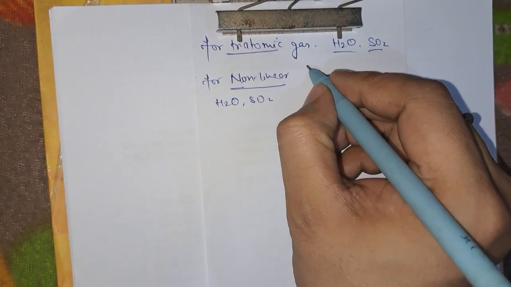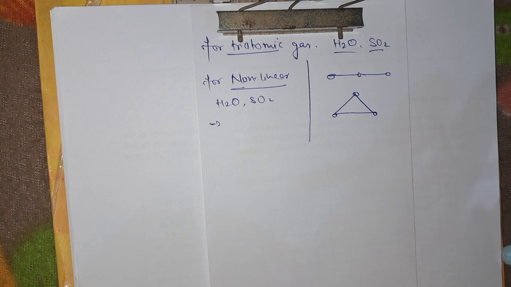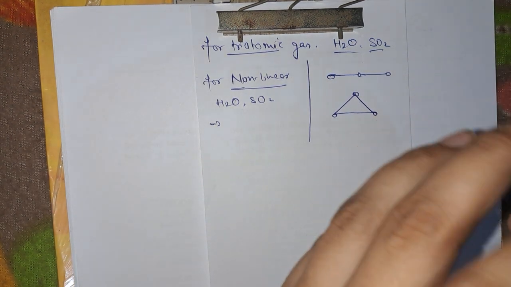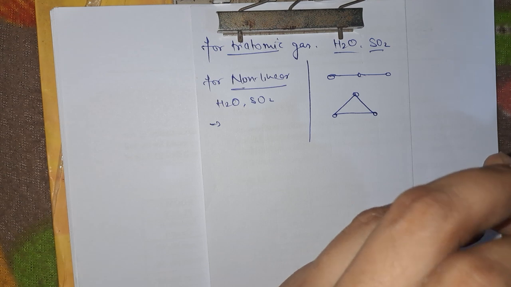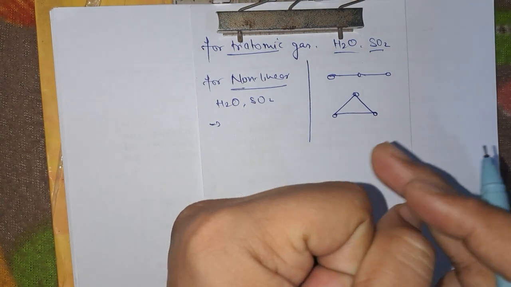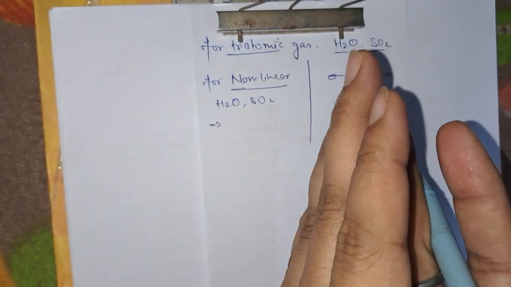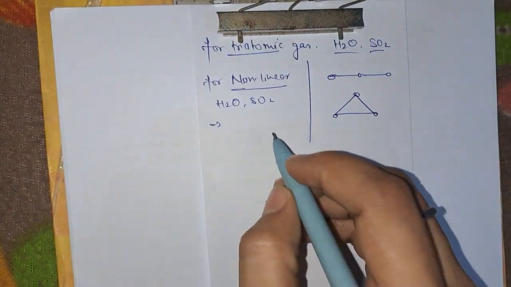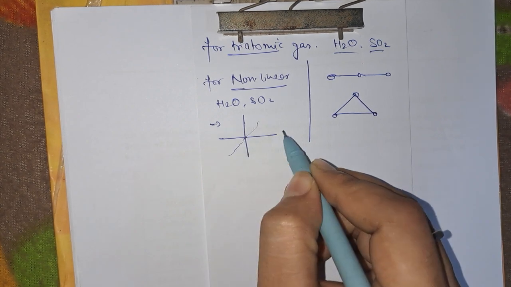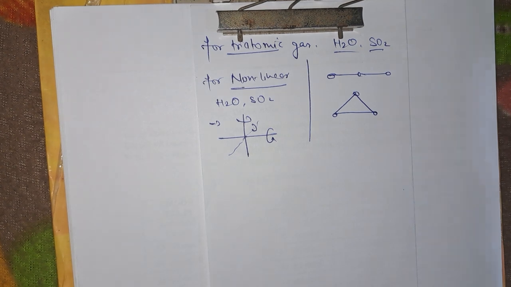So what do we observe here? The molecule has 3 degrees of freedom for translatory motion, and 3 degrees of freedom due to rotational motion about 3 mutually perpendicular axes. Suppose it may rotate along x-axis, y-axis, and z-axis.